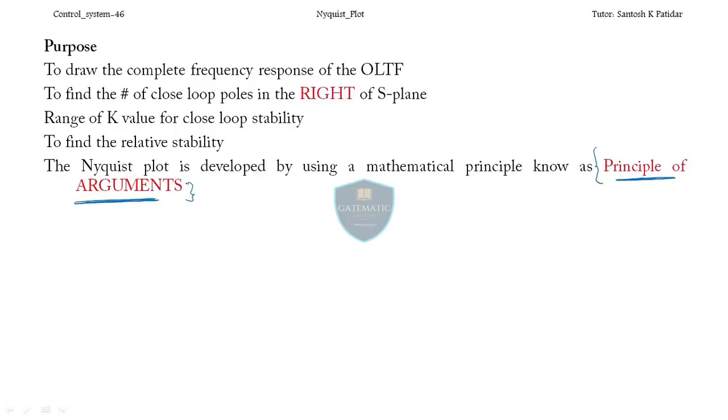There is a mapping method; the mapping analysis based on this principle of argument comes into the picture. So these are the GATE lectures. I'm not going deep into the mapping theorem and mapping analysis. Directly I'll come to the outcomes of that, and you try to learn the outcome of that. Very easy. Everything is easy.